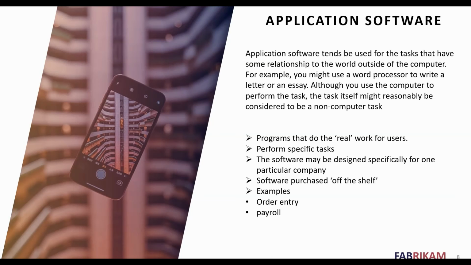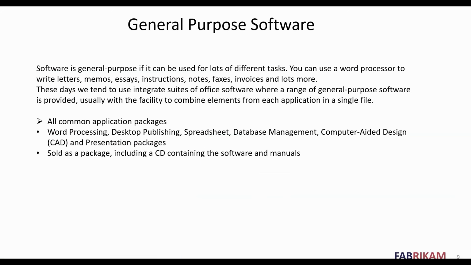Application software can be broadly classified into two types: generalized packages and customized packages. So, what is general purpose software? Software is general purpose if it can be used for lots of different tasks. You can use a word processor to write letters, memos, essays, instructions, and a lot more.